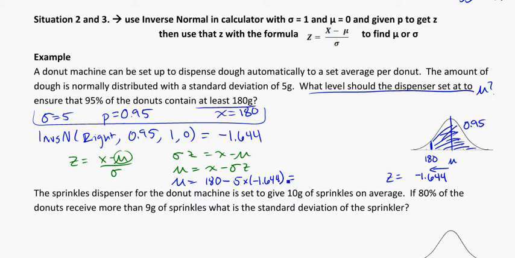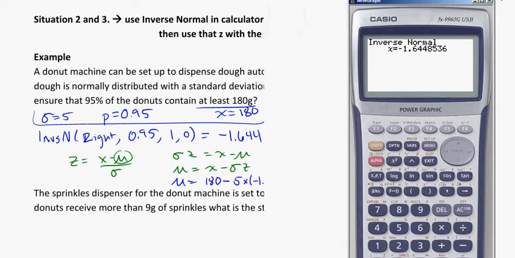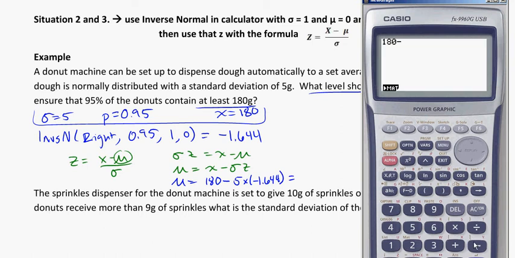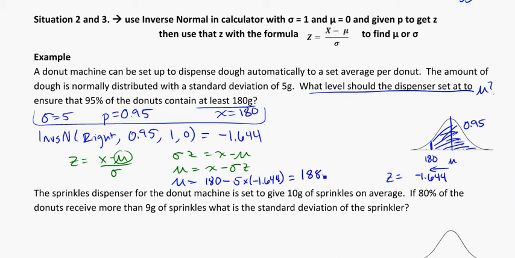And when I put this into my calculator, I'm going to get, let's see, menu 1, I get 180 minus 5 times negative 1.644. Really important to watch out for those negative signs because they'll make a really big difference to your answer. So 188.22 is my actual mean.